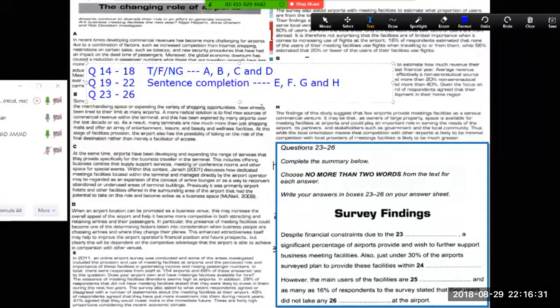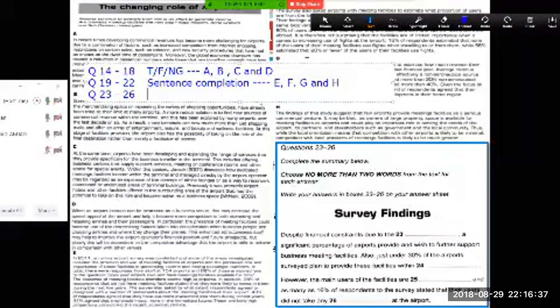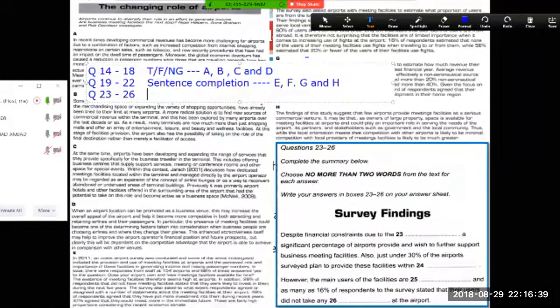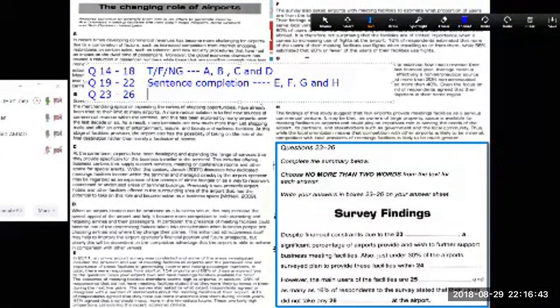So it is also very important where a set of questions comes in a particular section.